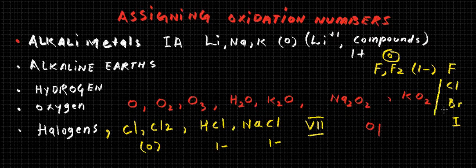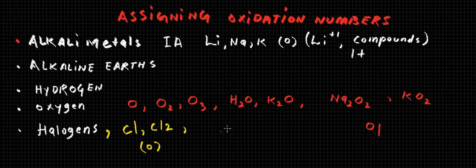The other three halogens, chlorine, bromine and iodine, have variable oxidation numbers depending upon the type of compound, and we can elaborate that with the help of certain examples.